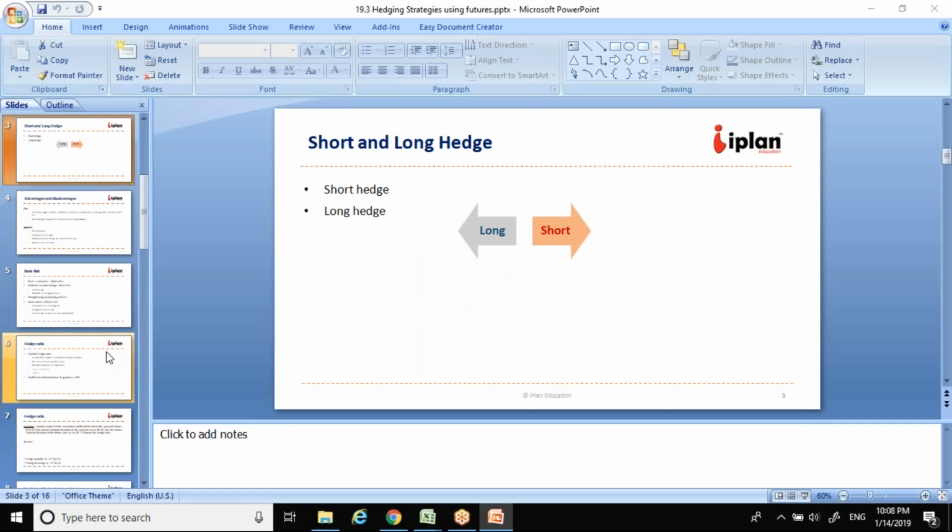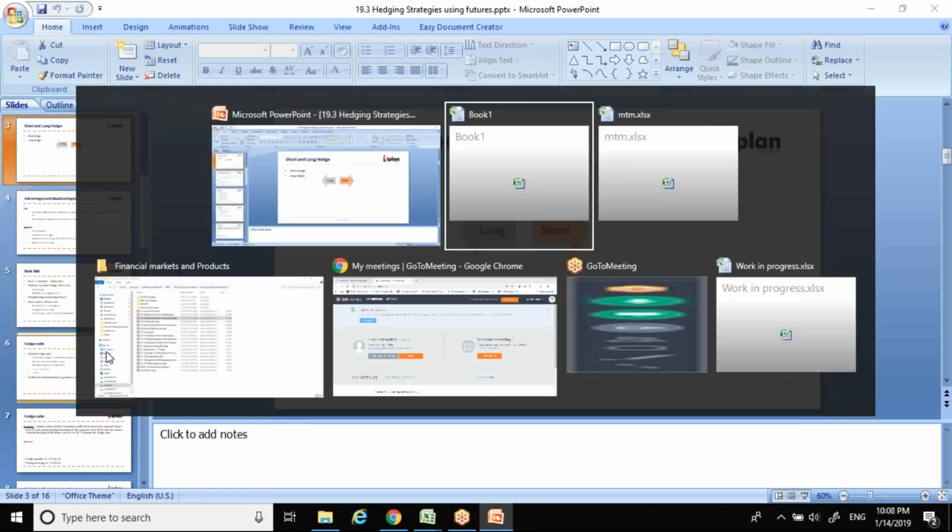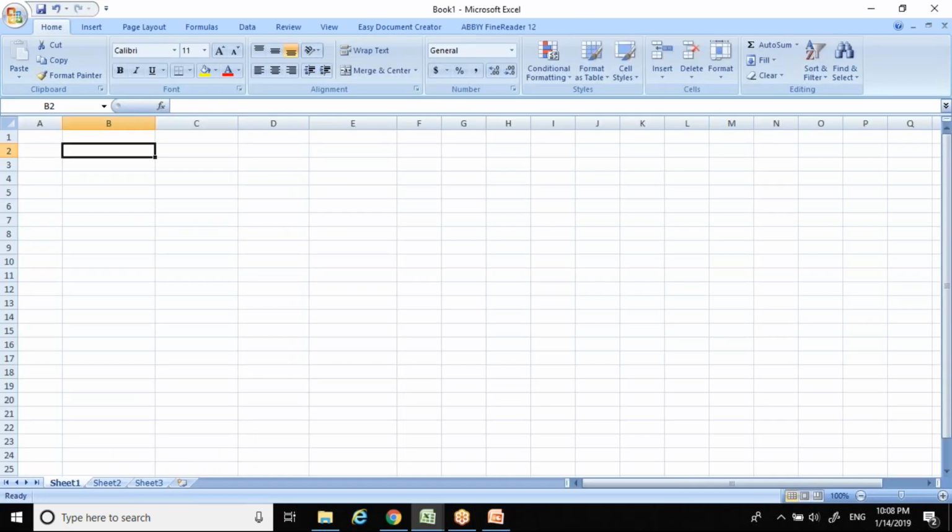So, what is hedging? So, simple equity hedge or stock hedging. Hedging stocks.